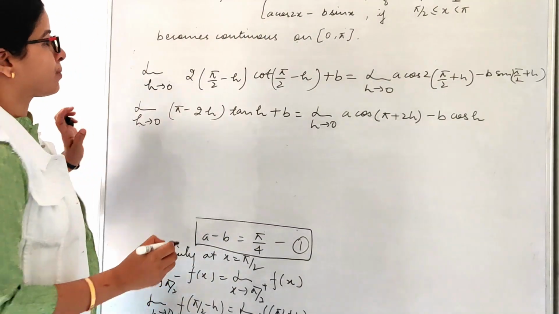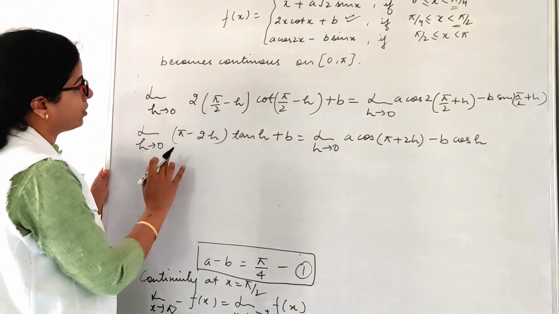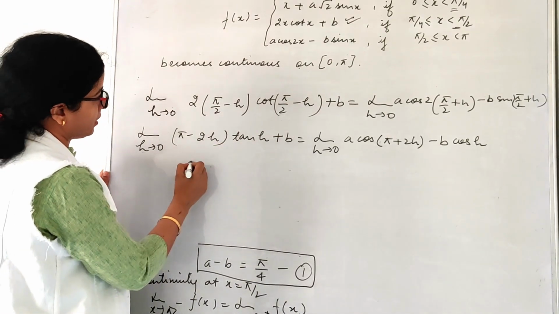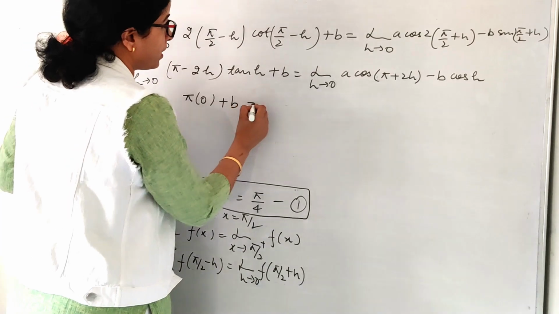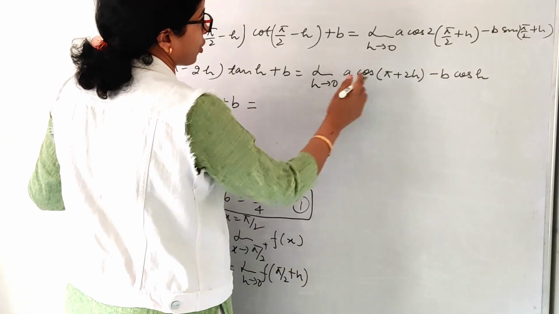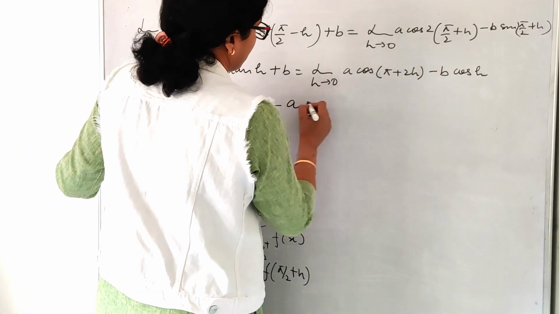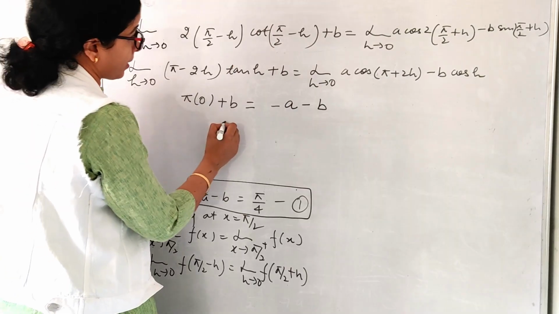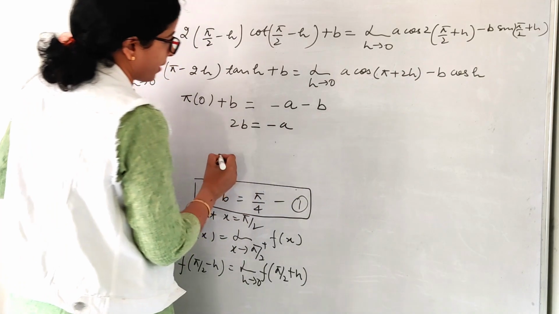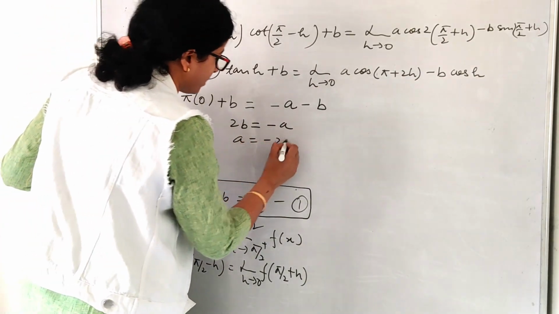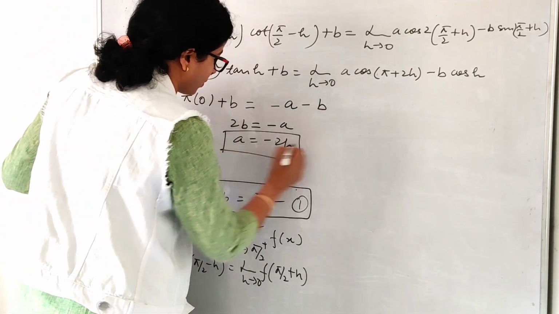Now we will substitute the values of h tends to 0. So what I am getting? I am getting here pi tan 0 is 0 plus b equals, with h as 0, cos pi is minus 1, so a cos 0 minus b. Now if you solve this equation, we are getting 2b is equal to minus a, right? Or a is equal to minus 2b. So this is my second equation.